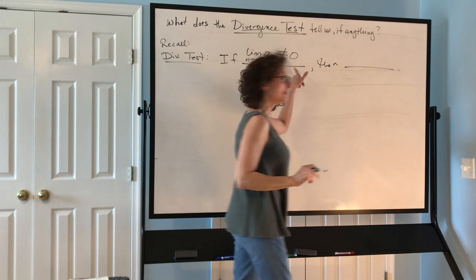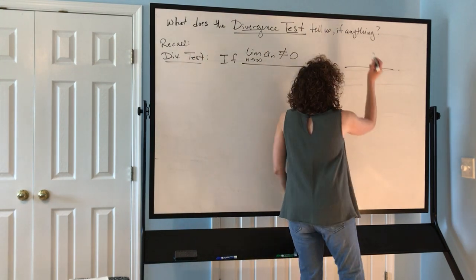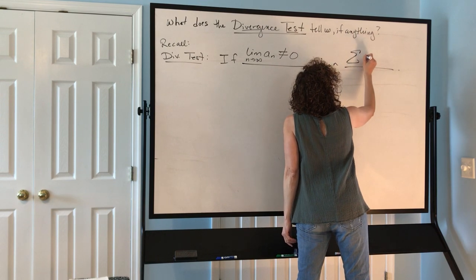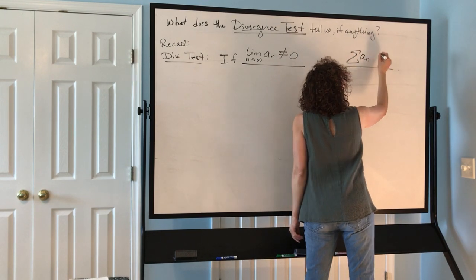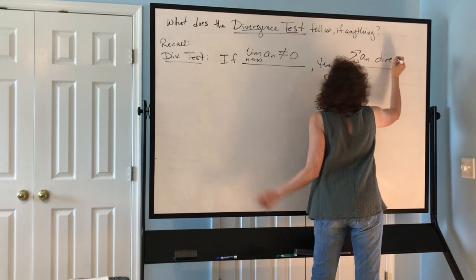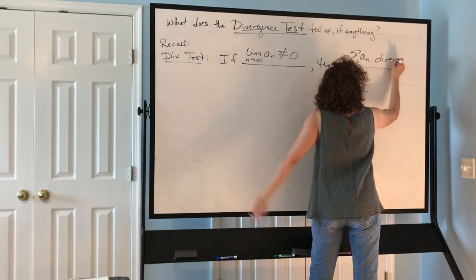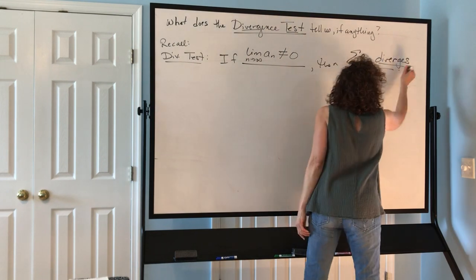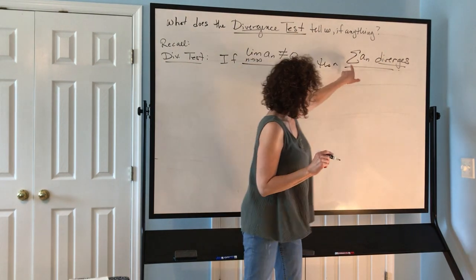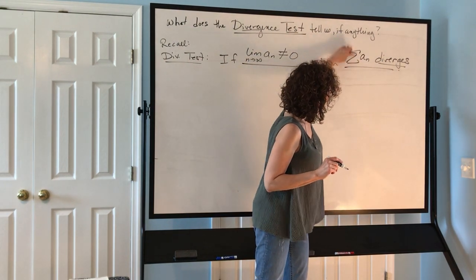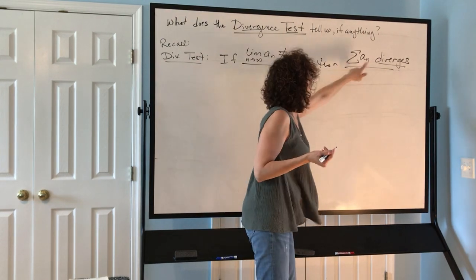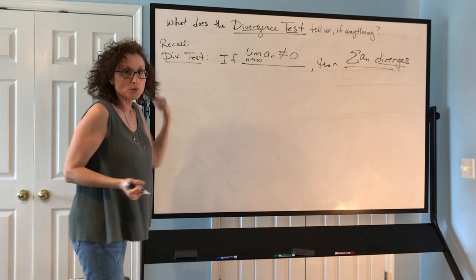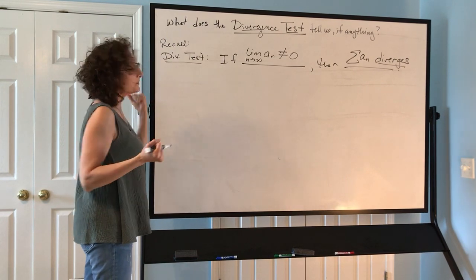If that limit isn't 0, then what can we conclude? Then the series diverges. Diverges is the only conclusion that can ever come out of the divergence test. I didn't even put the summation, where you start and where you end, because it doesn't matter as far as divergence is concerned, and it's just shorter. That's what the divergence test says.